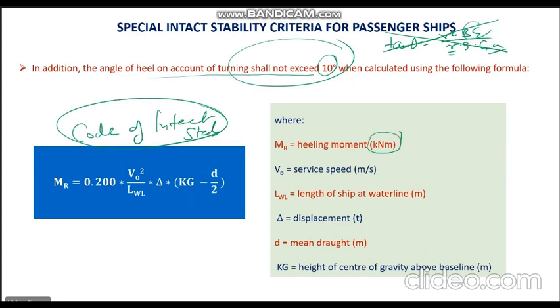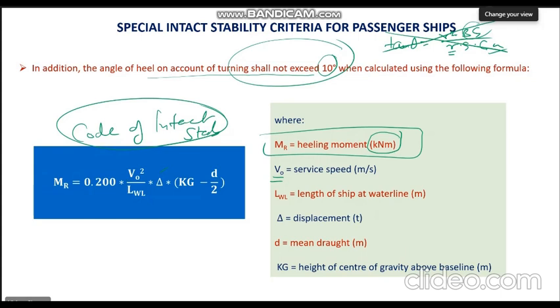Compliance has to be shown when the vessel is moving at its service speed. What is this? This is displacement. What is d? Draft. And this is the heeling moment. So to establish compliance, the heeling moment in kilonewton meter will be calculated by this formula. Now you'll say, sir, how has this formula come? That is out of context actually.